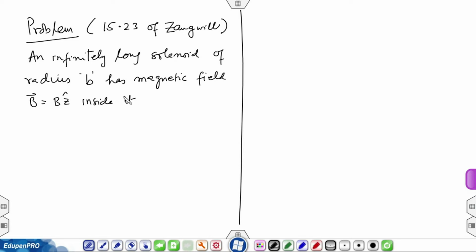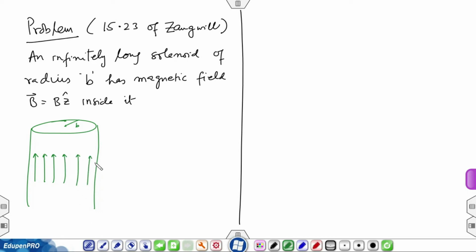So, what you are given is that there is this solenoid of radius b and it has field B inside it. B equals Bz, sorry, Bz. So, this obviously is the z axis, this is the z direction.